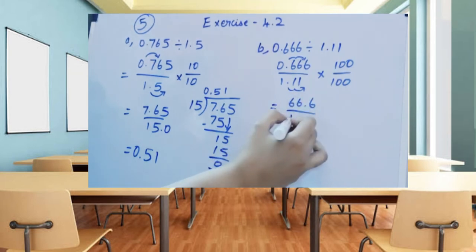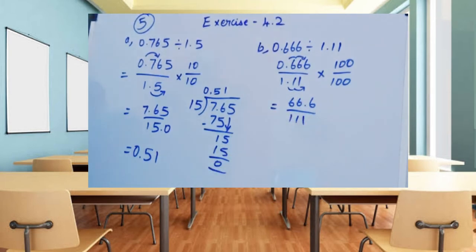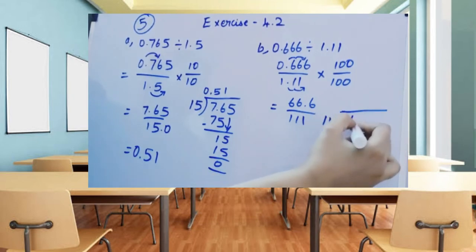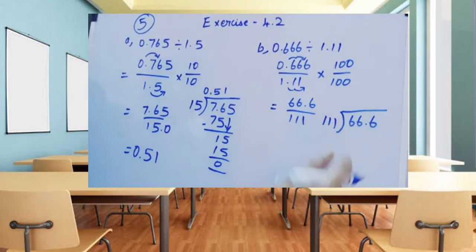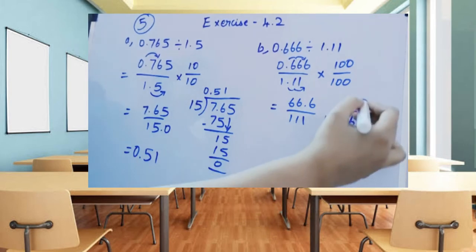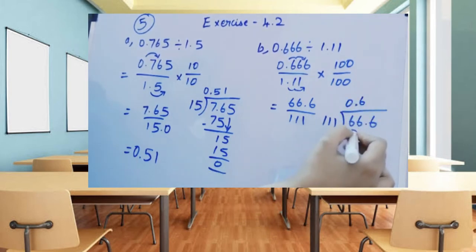Now we need to divide 66.6 by 111. Here we don't have 3-digit numbers, so we take the decimal point and consider all the digits. 111 into 6 are 666.